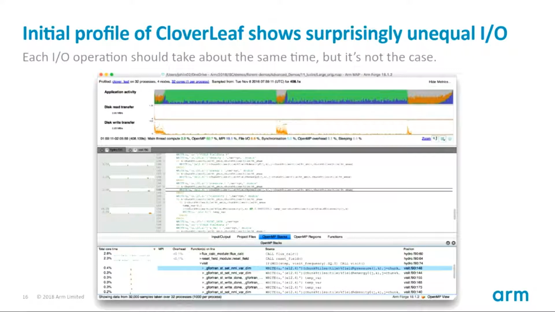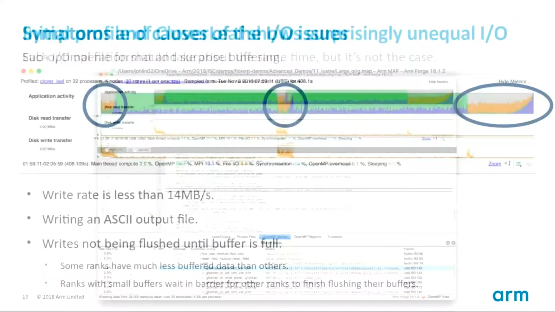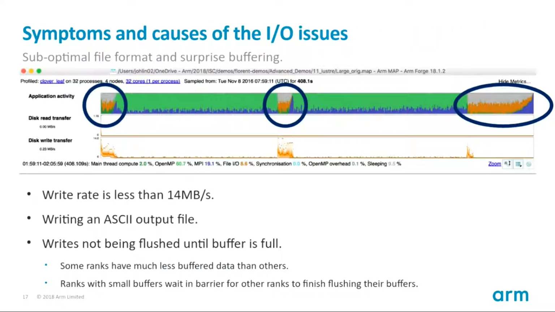I know it's kind of hard to see on my screen at the moment, but this scales from the minimum to the maximum, and the maximum in this case was less than 14 megabytes per second. It turns out that the reason for this slow write rate was that it was writing ASCII output to a file, and MAP is a tool to give you an idea of what's happening, but it's still up to the programmer to figure out what to do about what you see.